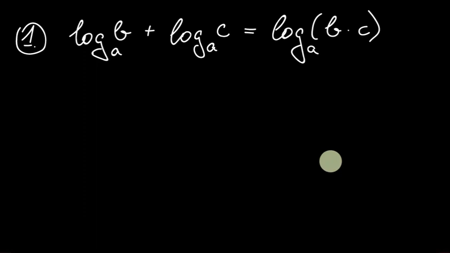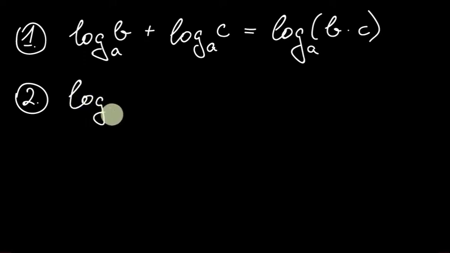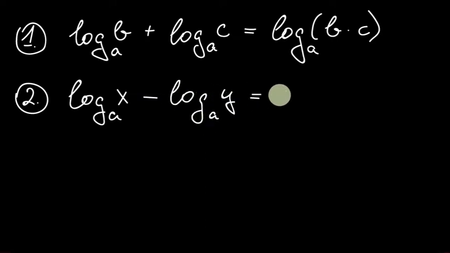The second property. Let's say we have log base a of x minus log base a of y, and that is equal to log base a of x divided by y.